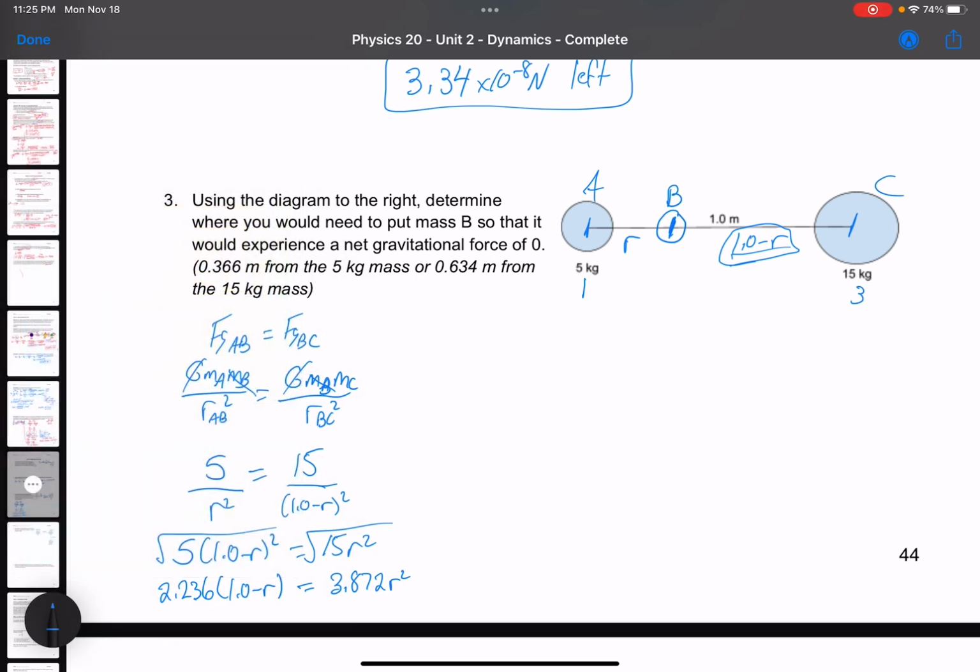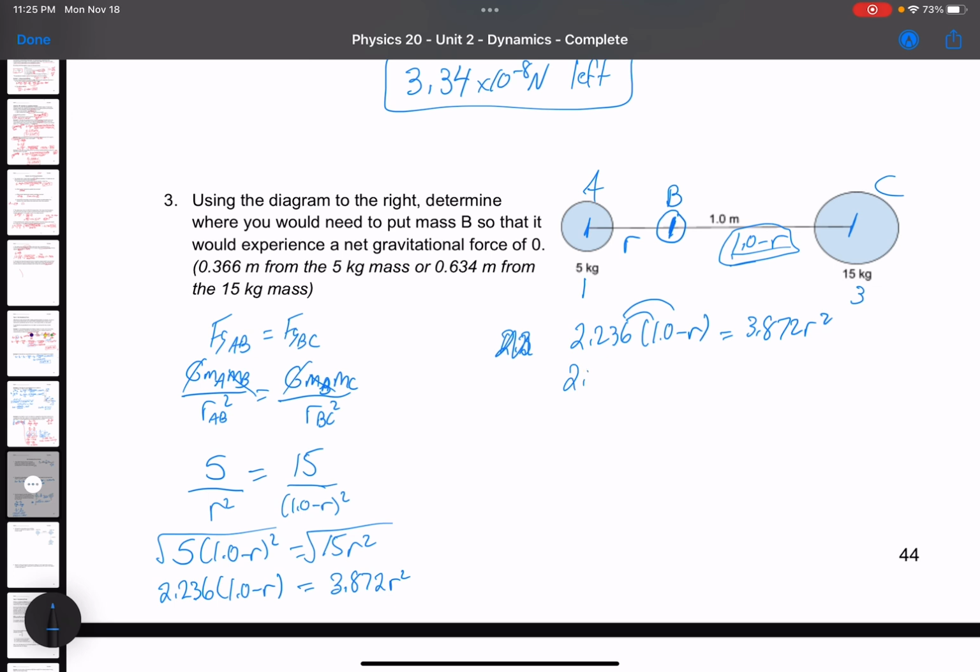So I just want to write out what I have here again, where I have some more space. So 2.236 times 1 minus r is equal to 3.872 r squared. Okay, so now I need to do distributive property.